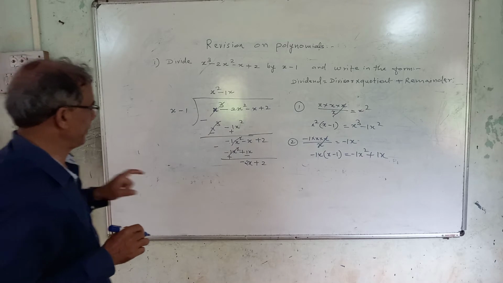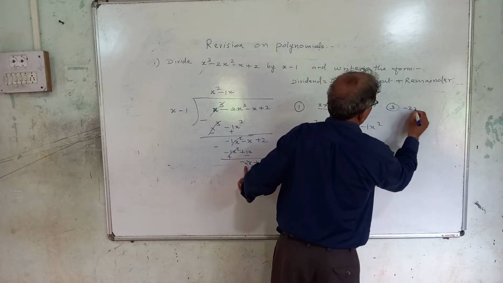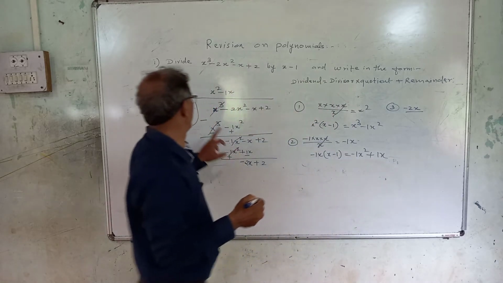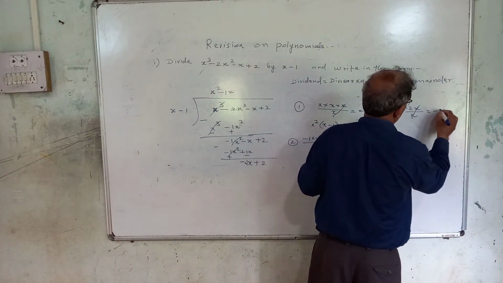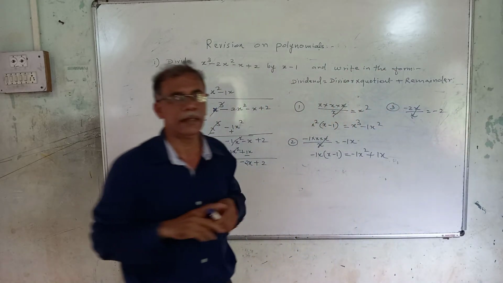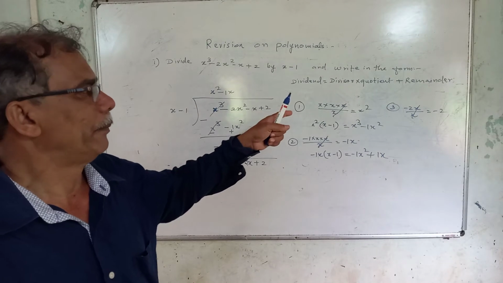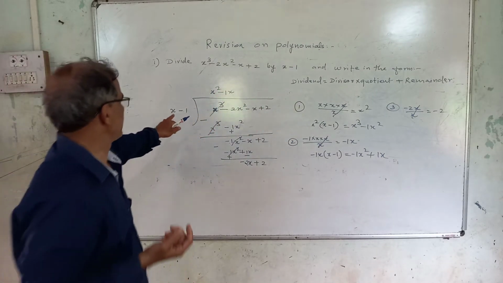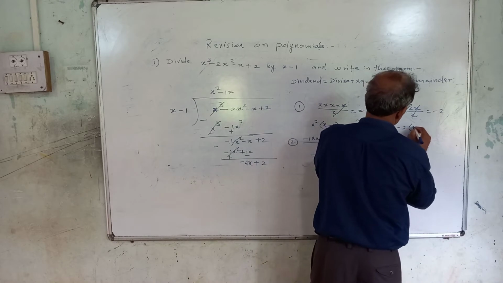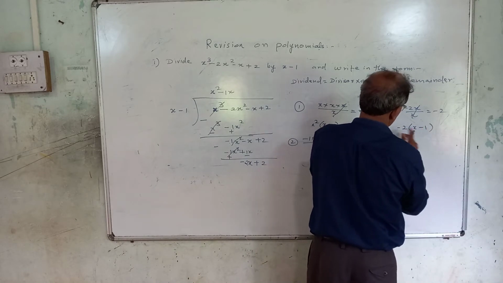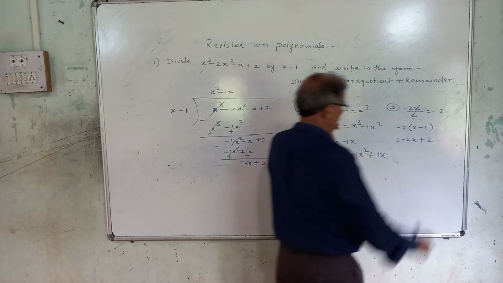Now we have to cancel which term? This minus 2x. Third now. Minus 2x, dividing by what? X. So what is remaining? Minus 2. Now what you will do, tell me? You multiply that by minus 2 to whom? This divisor. So same continuation. Minus 2 into x minus 1. So minus 2 into x, minus 2x, minus into minus plus 2.